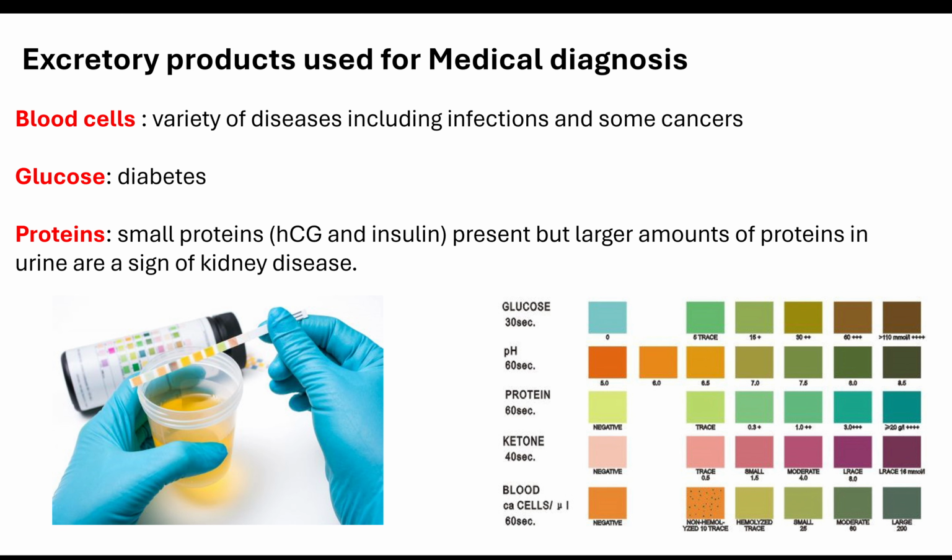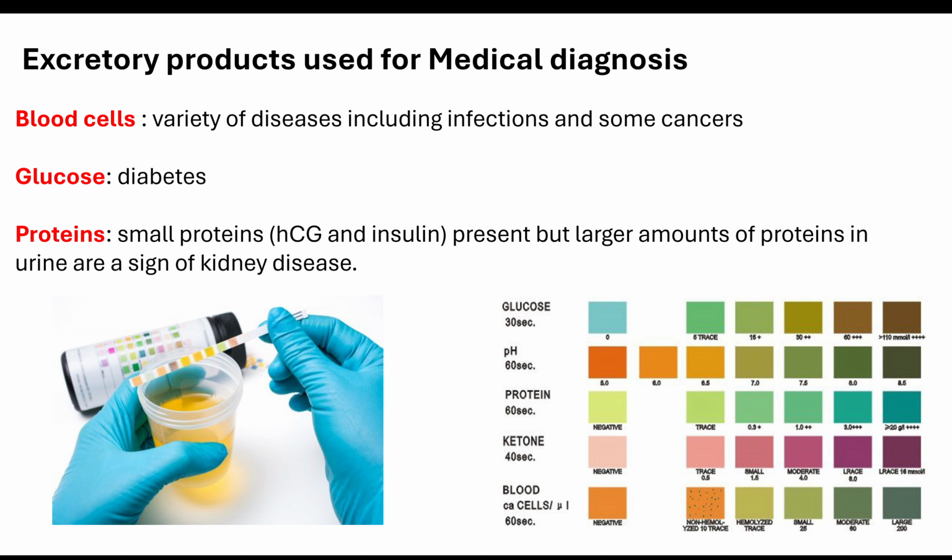So very small proteins should be able to be moved through during ultrafiltration. However, if there is a large amount of proteins in the urine, that tends to be a sign of kidney disease. I've done a whole other video on kidney disease, so do check that one out.